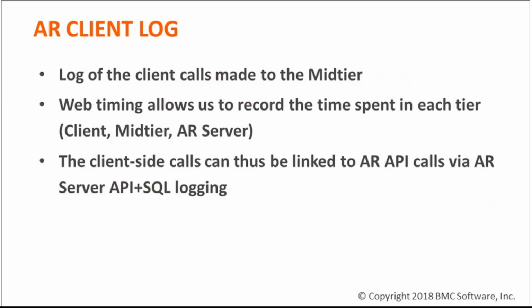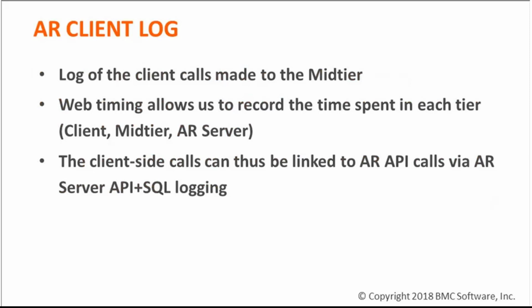AR client-side logs are basically a log of client calls made to the mid-tier, and there are a bunch of options when you configure this logging on the client side. There are a few options that you can select, and the one I really rely a lot on is the web timing, because it gives us timings, the time spent in each of these tiers, the client, the mid-tier, and the AR server.